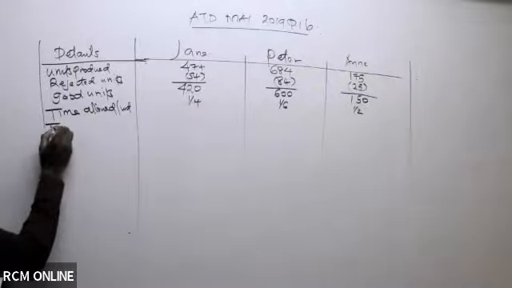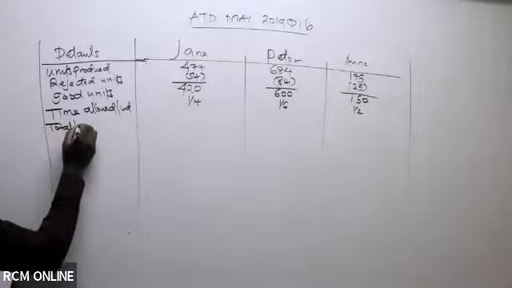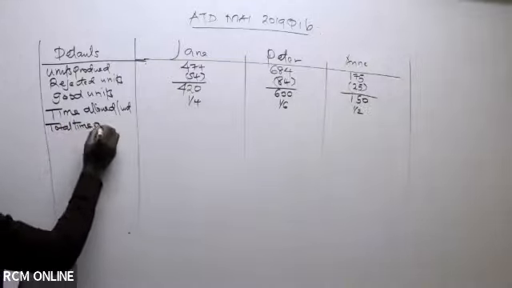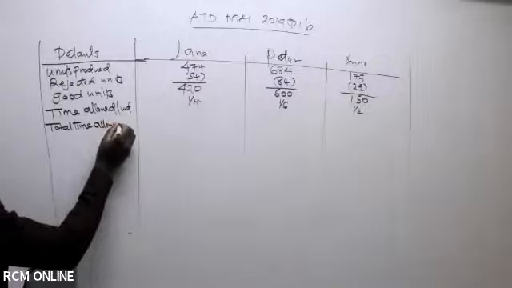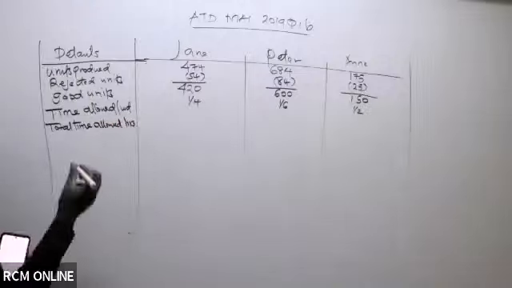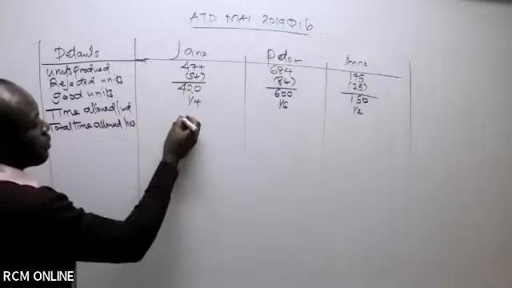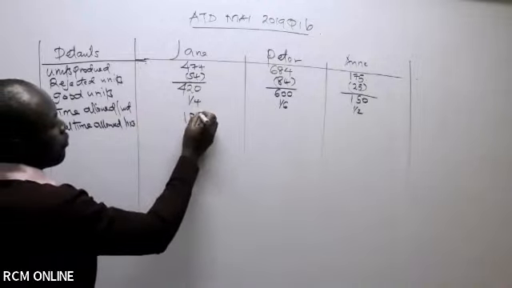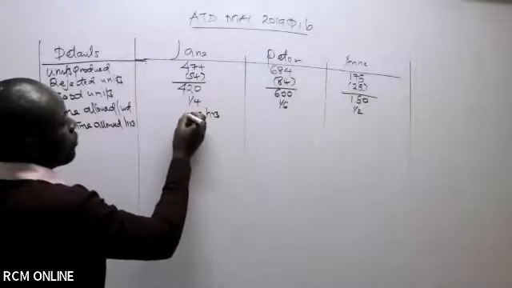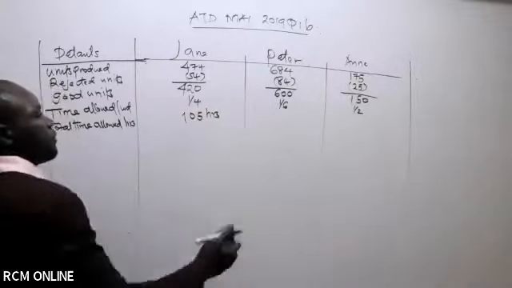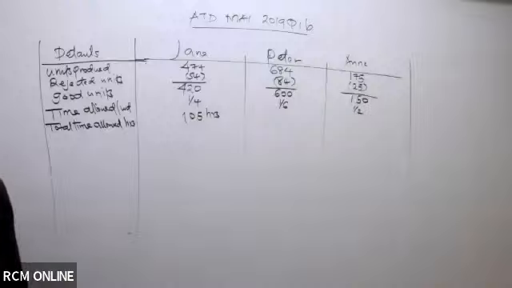So we talk about total time allowed in hours. So what do we have for Jen? A quarter of 420 itakuwa ngapi? 105.